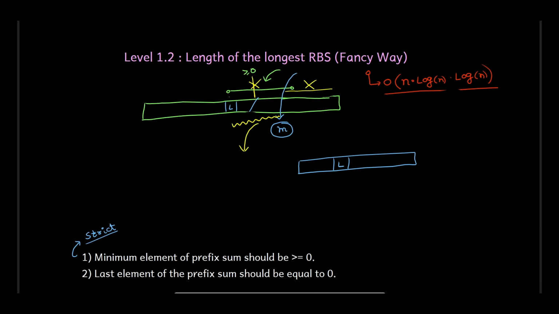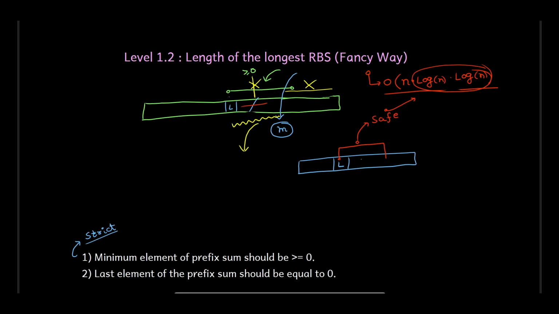If this is your L, you have figured out that all the indices from here to here are safe. And how did you figure this out? You did a binary search, and in that binary search you used a segment tree to query the prefix minima. So computation of this safe has already taken you log square n time.